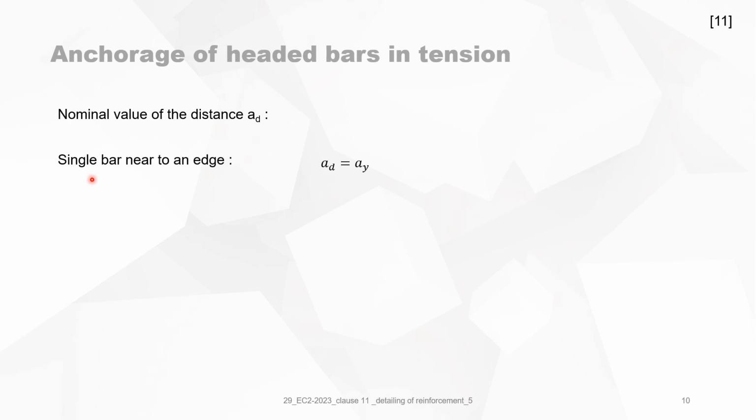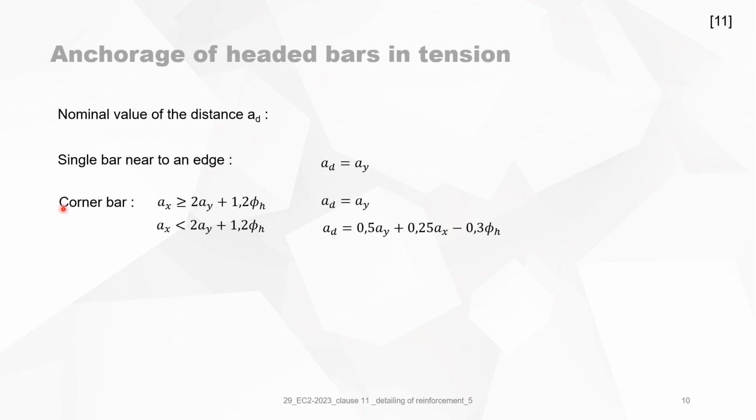Let's look now at the nominal value of distance AD. For a single bar near to an edge, AD equals AY, and not AX. So this is not clear. Why is it AY? Anyway, let's suppose this is correct. For a bar in a corner, AX now comes into the game.